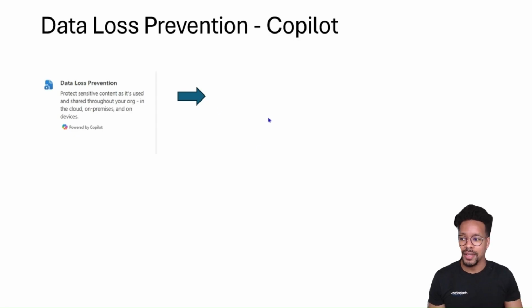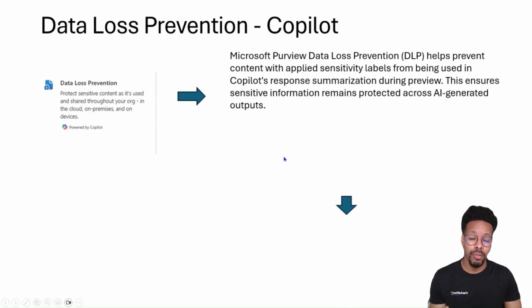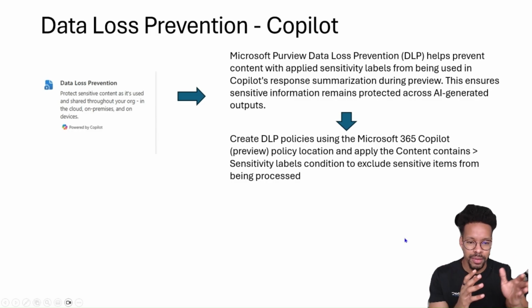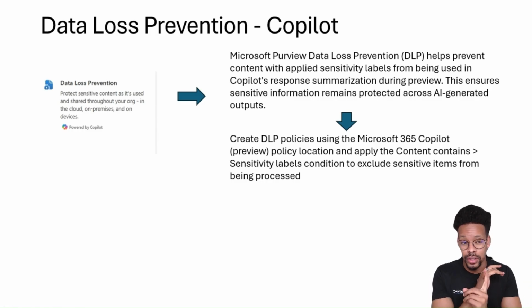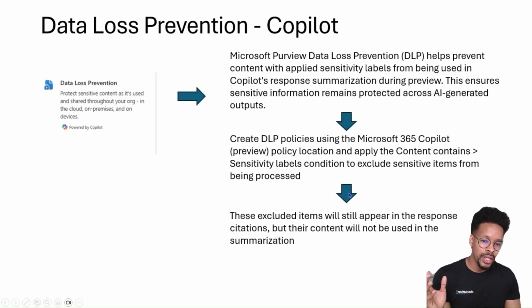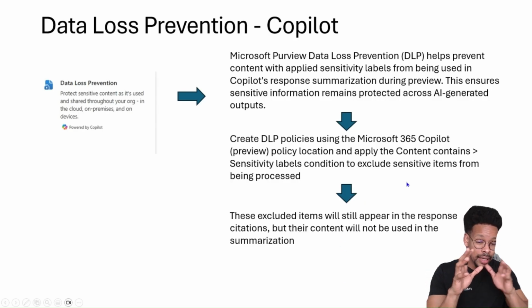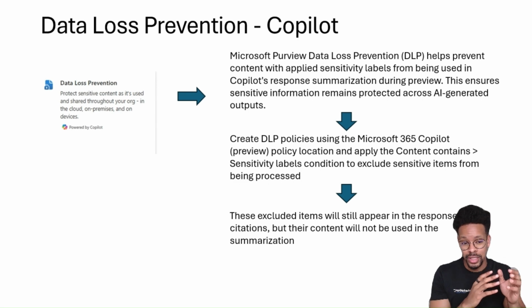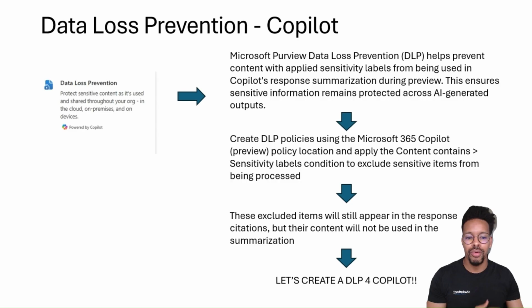You can set this up by visiting the DLP page and using the Microsoft 365 Copilot policy location, and applying the content that contains sensitivity labels to exclude. The excluded items will still appear in the citations in the responses, but their content will not be used in the summarization. So let's create a DLP policy for Copilot.